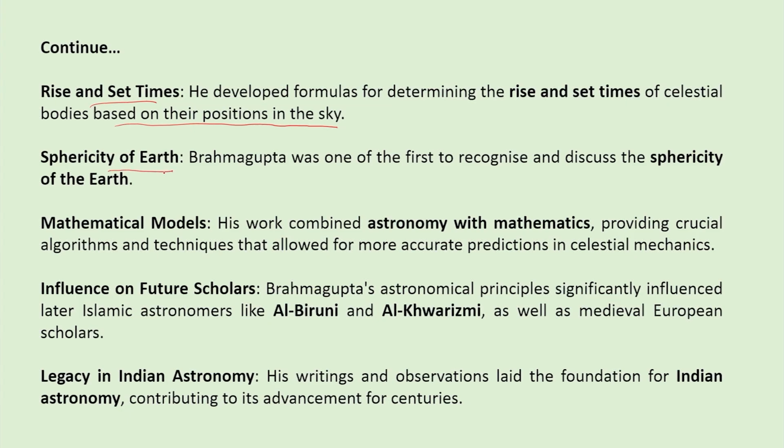Sphericity of earth: Brahmagupta was one of the first to recognize and discuss the sphericity of the earth. Mathematical models: his work combined astronomy with mathematics, providing crucial algorithms and techniques that allowed more accurate predictions in celestial mechanics.